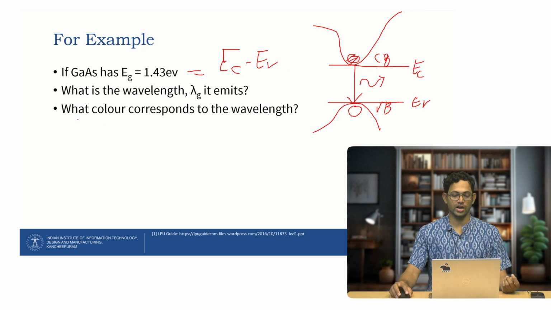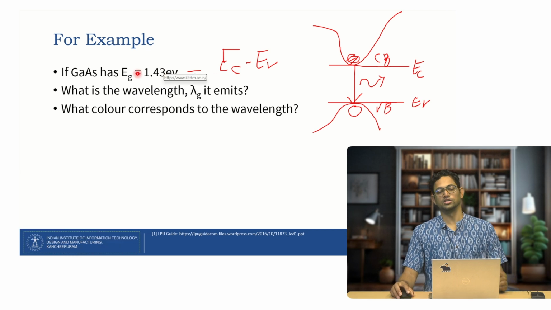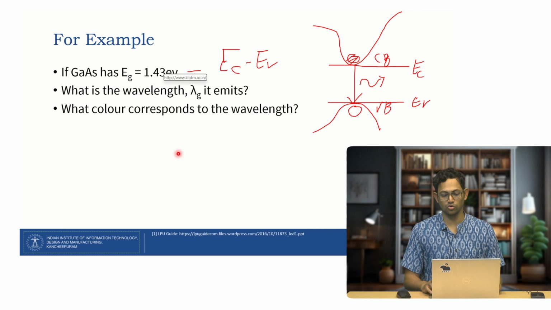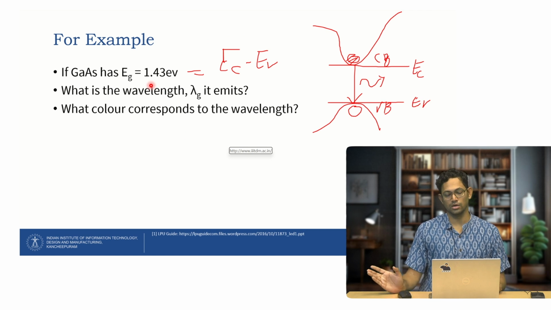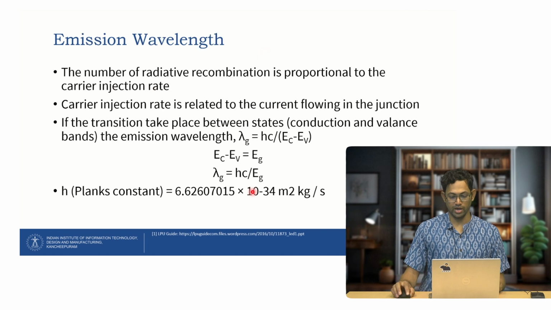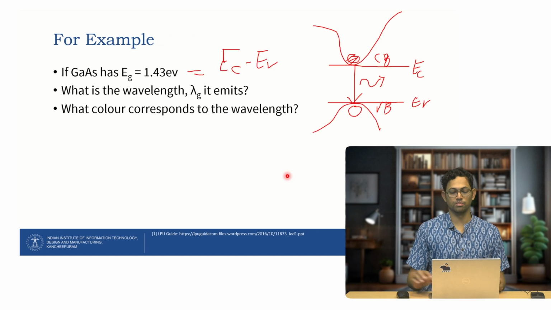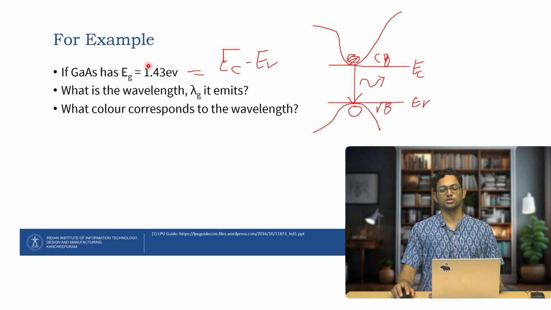We know Eg is 1.43, and we just need to plug it into the equation, E equal to hc by lambda, so lambda equals hc by Eg. If you plug in all these values, you can get the operating wavelength.